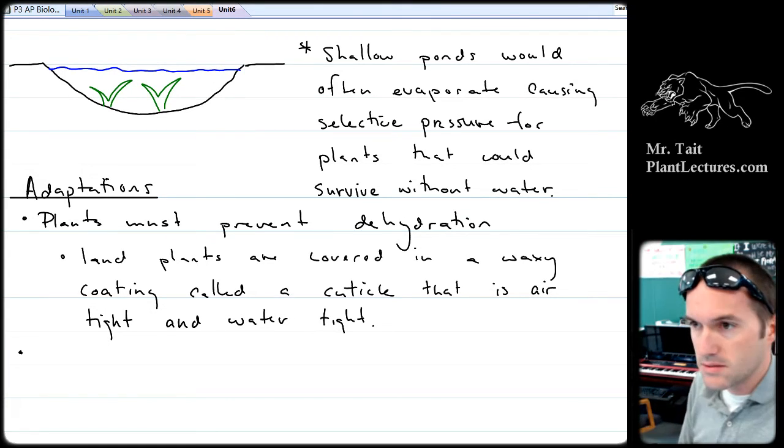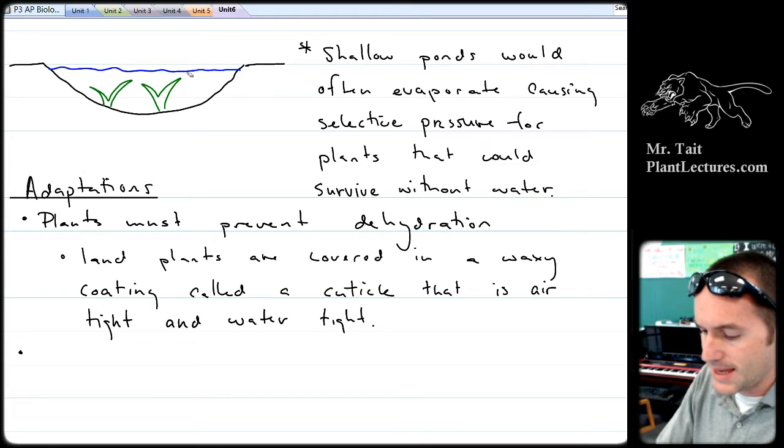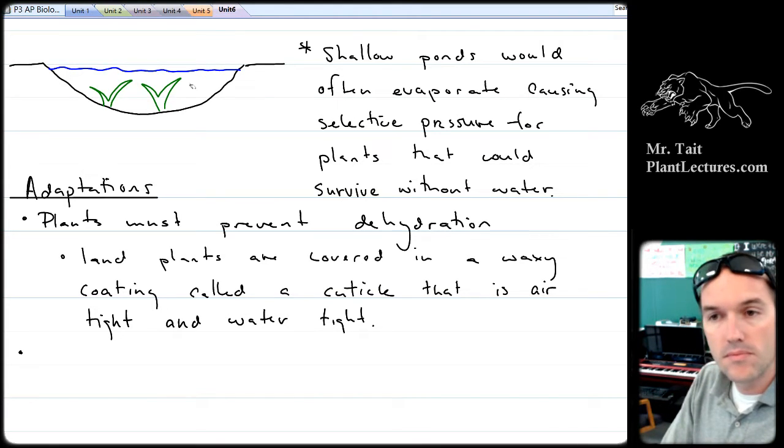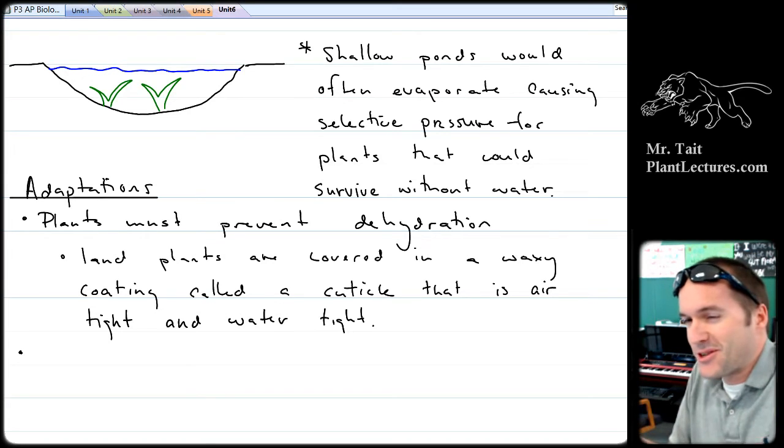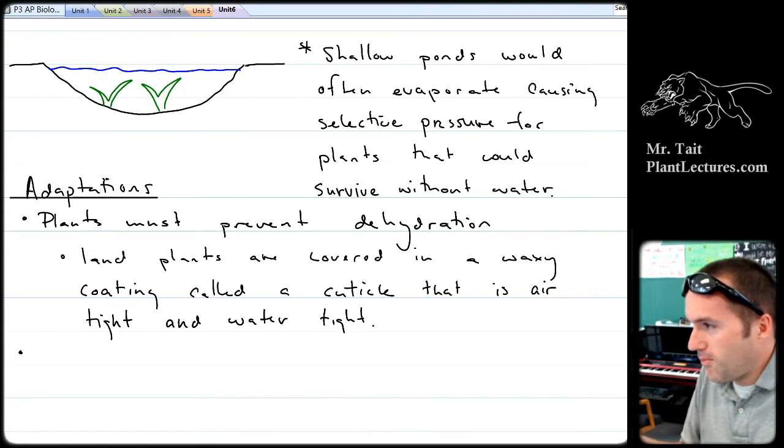What's next? Where do these plants get their water from? The ones that are in the water? The water's all around them, right? But when the water's not around you, where do you get water from? Soil, right?